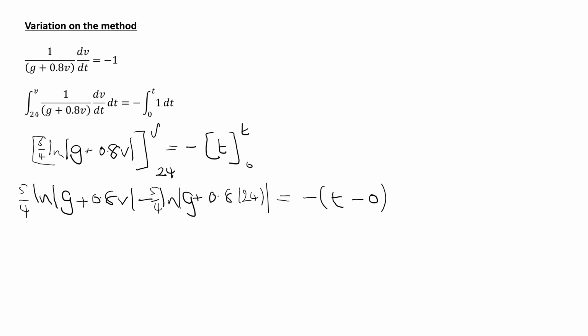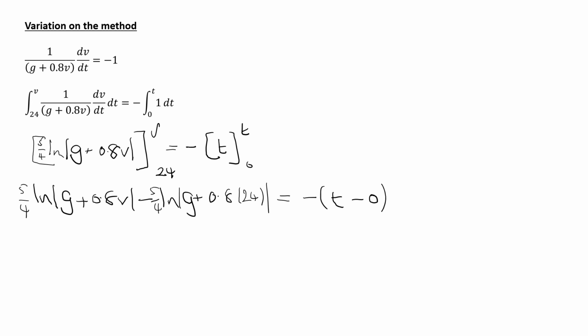So using my limits with v equals v, I'll get 5/4 ln g plus 0.8v minus 5/4 ln g plus 0.8 times 24. That will give me 5/4 ln 29, log minus log, takes me back to the same place.